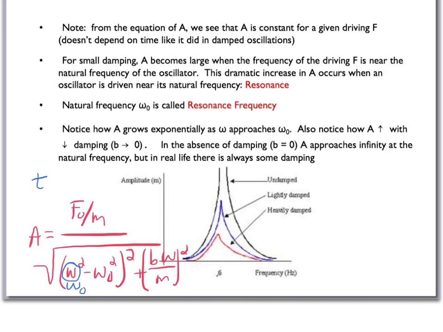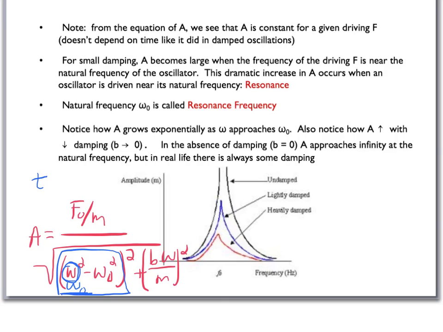Because if your driving angular frequency equaled omega naught, the natural frequency of the object, then this whole term would cancel out to a zero. You'd be dividing by a smaller value, and A would start getting bigger, essentially.